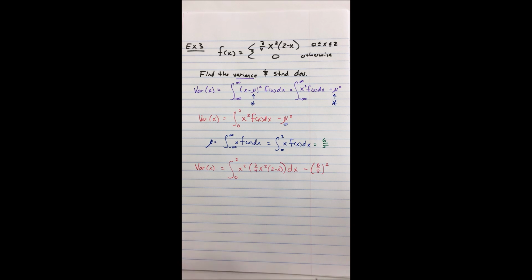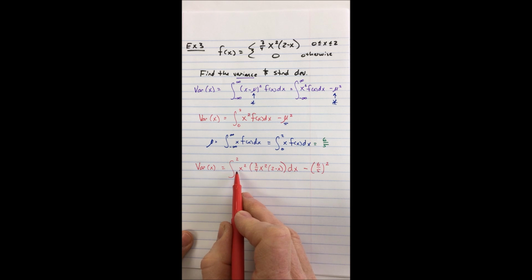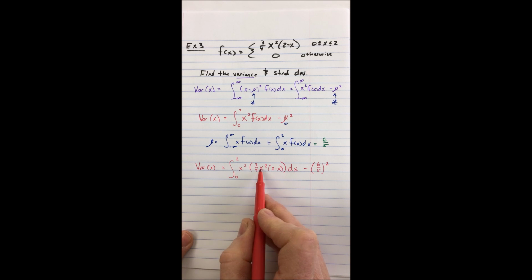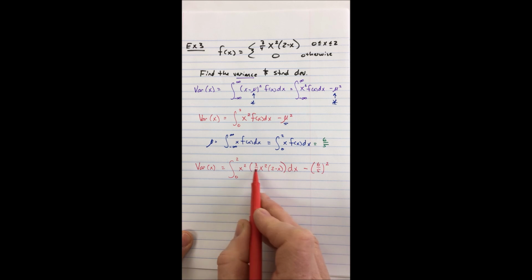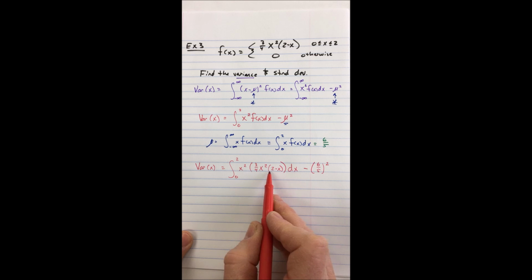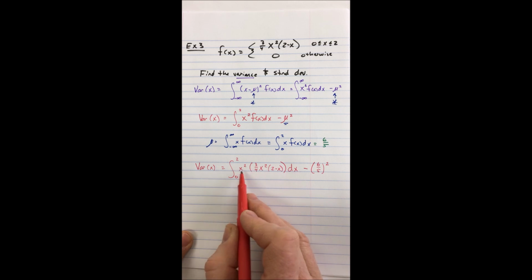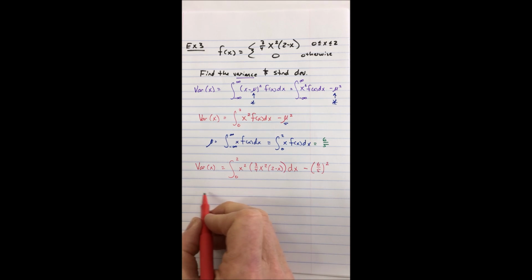Now, again, this is an integral that is just a polynomial, so x squared times x squared gives me x to the fourth, and I could distribute this in here. I'm going to get a negative 3 over 4 x to the fifth, and then a 3 over 2 x to the fourth, and I can integrate that using my polynomial rule. This is something that we can totally do by hand, and we're going to be fine.